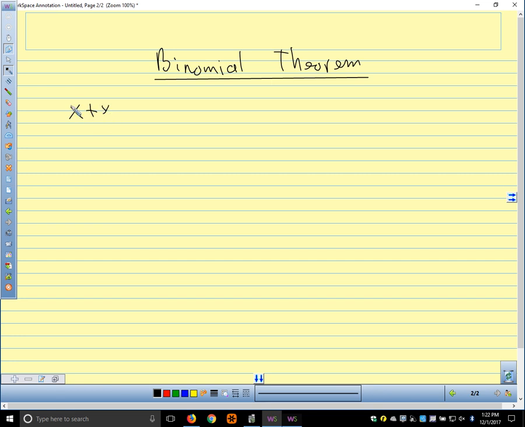x plus y to the n power equals, we're going to sum, and our sum is going to go from 0 to n, because we saw our exponents go from 0 to n, or n to 0. We have n plus 1 terms, so since we're starting at 0, we're going to get n plus 1 things there. I'm going to leave a space here because I'll write this in a second.